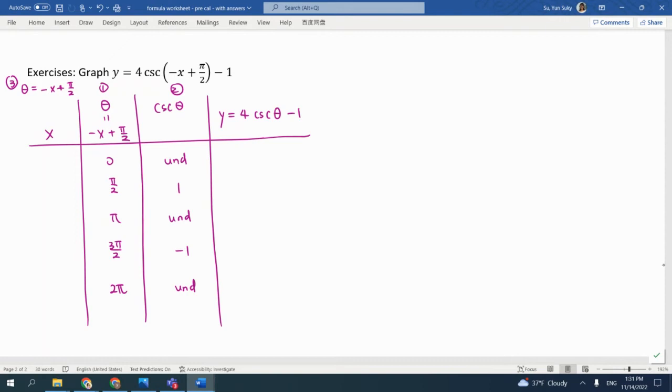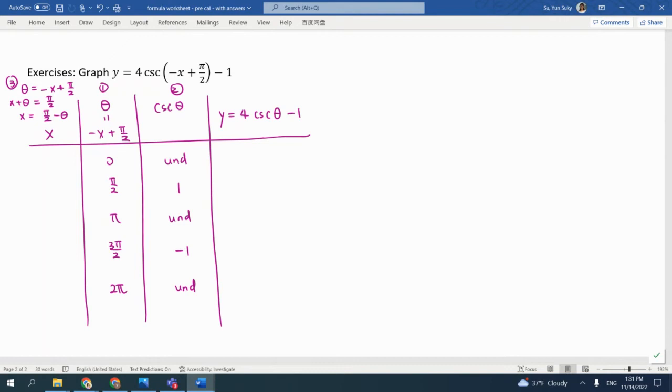Do you see if we add x on both sides, we get x plus theta is pi over 2. And then we subtract theta on both sides, we get x is pi over 2 minus theta. Yeah, everybody? Okay, so x is pi over 2 minus theta.